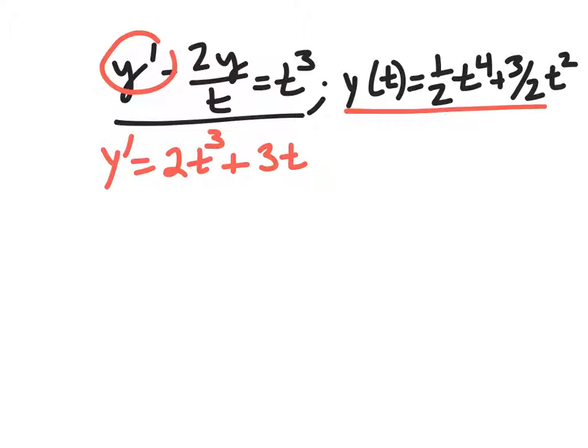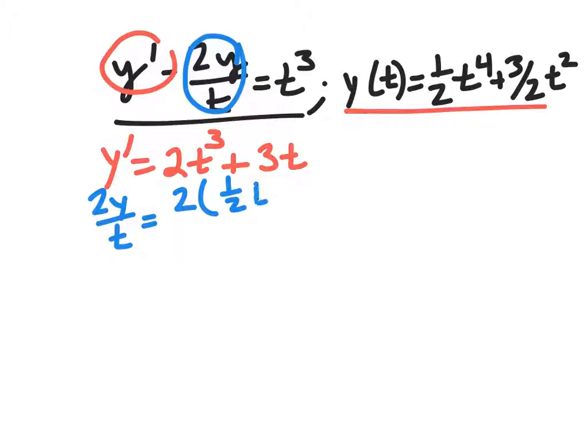And then if we want to do the 2y over t part, what's this equal to? Well, it's 2 times this whole y function, so 1/2 t to the 4th plus 3/2 t squared all over t.